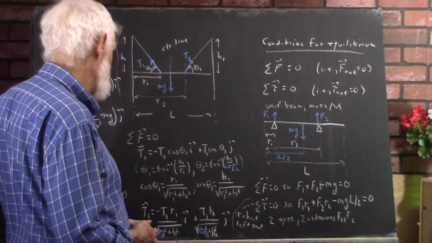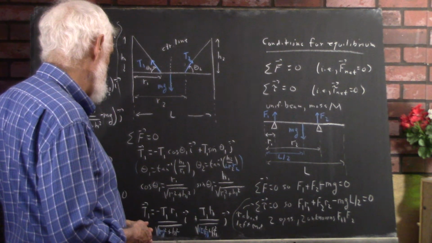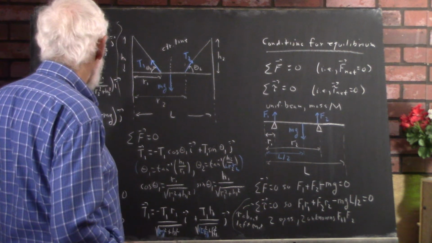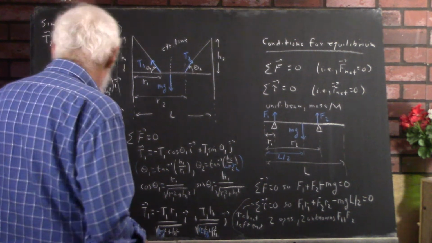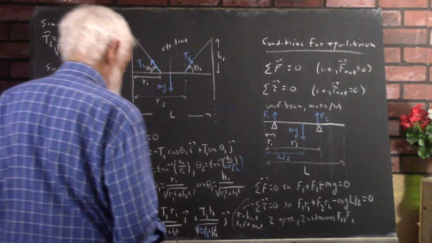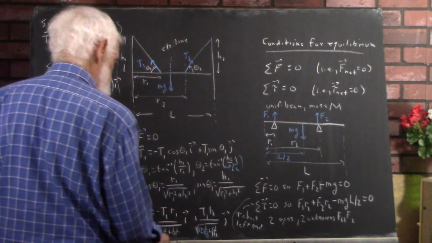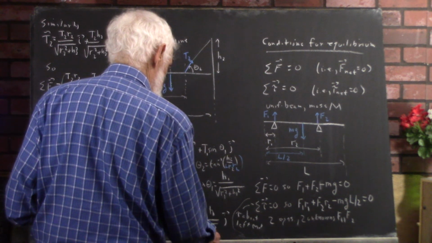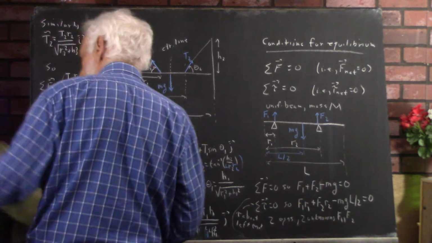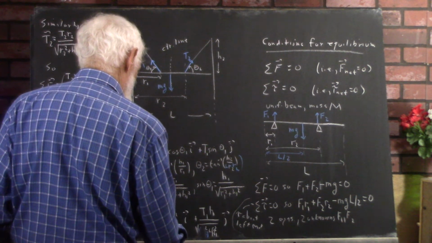T1 is therefore... I need to look more closely at what I'm looking at. This should be R1 squared. And this should be R1 squared. I'm losing track of where I am with my subscripts and not really thinking that clearly about the expressions and what they mean.